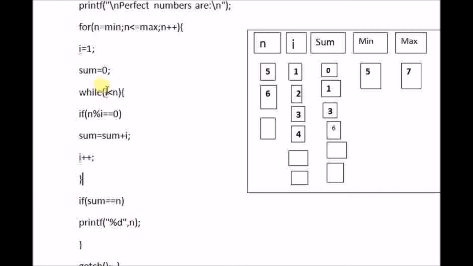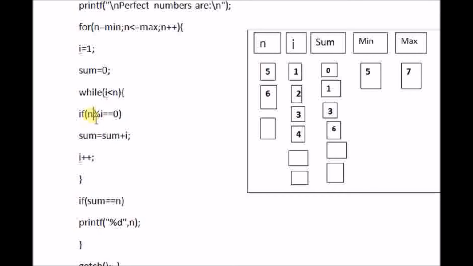Control goes back to the while loop. The new value of I is 4. Is 4 less than 6? Yes, the condition is true. Control goes inside.